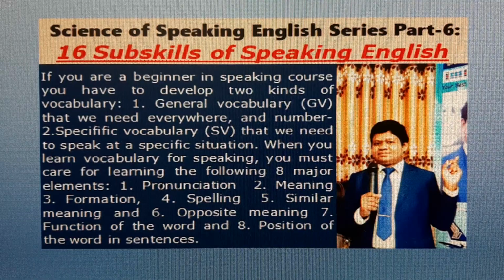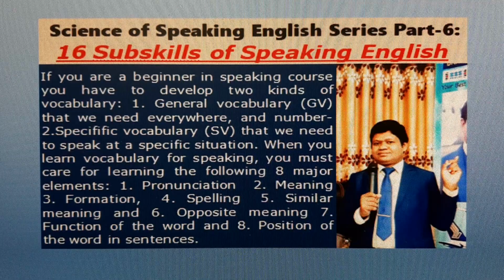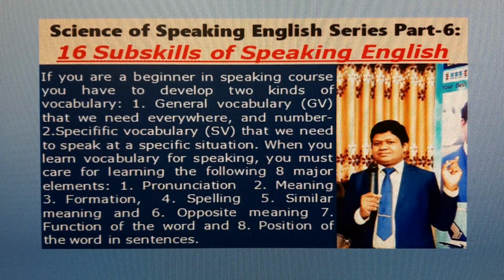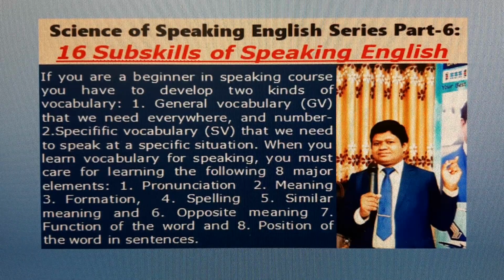Number 1, pronunciation; number 2, meaning; number 3, formation; number 4, spelling; number 5, similar meaning; number 6, opposite meaning; number 7, function of the word; and number 8, position of the word in English sentences.